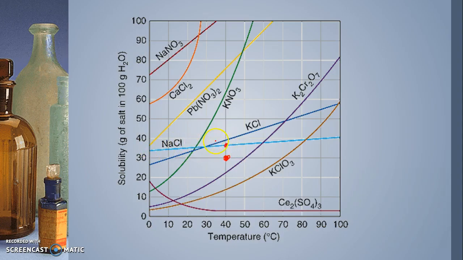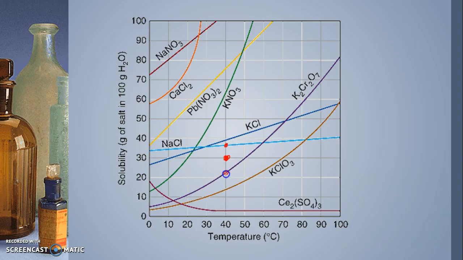If I only have 30, and it will dissolve 38, that is unsaturated. The way I remember this is that the dot sits under the line. Now if we look at the purple line, K2Cr2O7, this dot right here that I just made sits above the line.